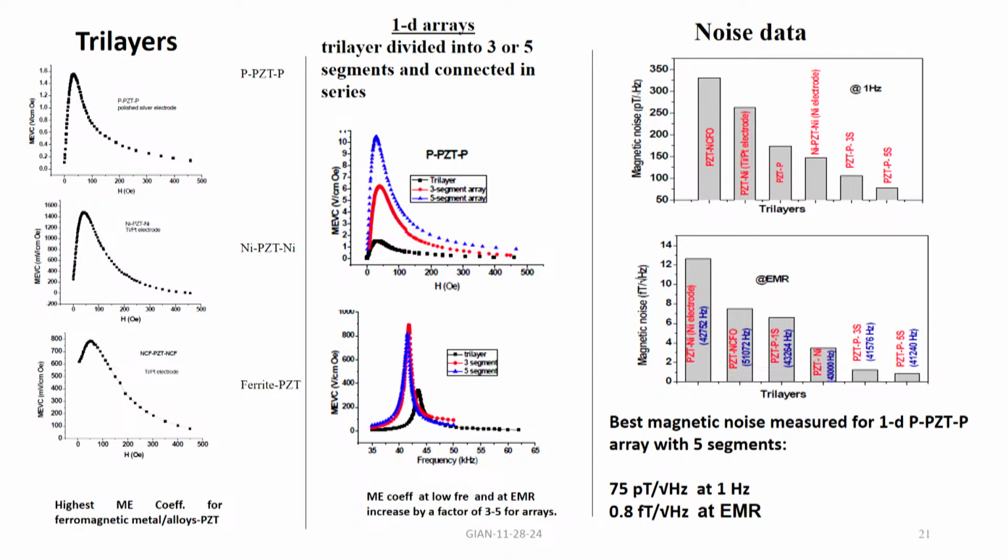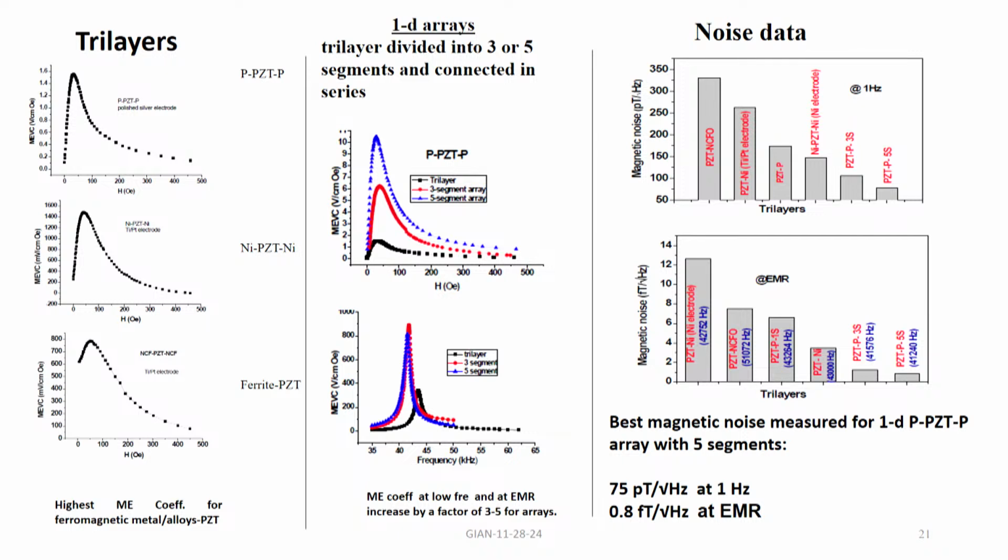So, the only way you can do that is to keep looking at different options for the piezoelectric and the ferromagnetic phase, and we found that when you split this into 5 elements by simple manipulation, the noise will go down quite a bit, all the way to 75 picotesla per root hertz, and that is if it is not driven into resonance.